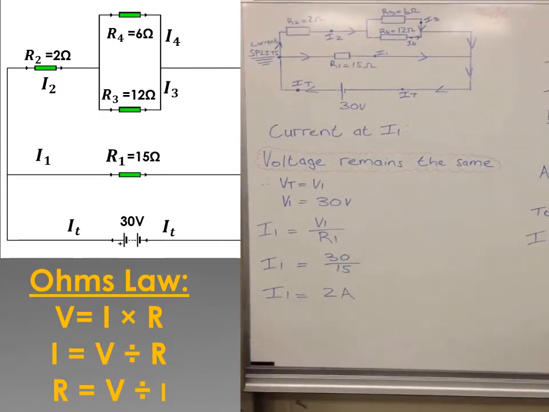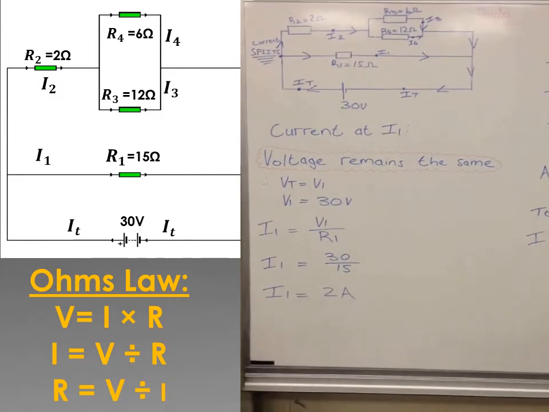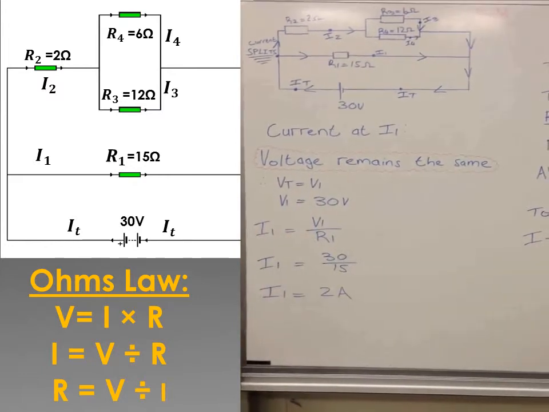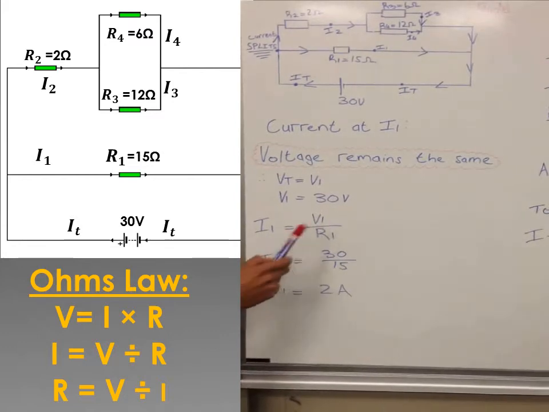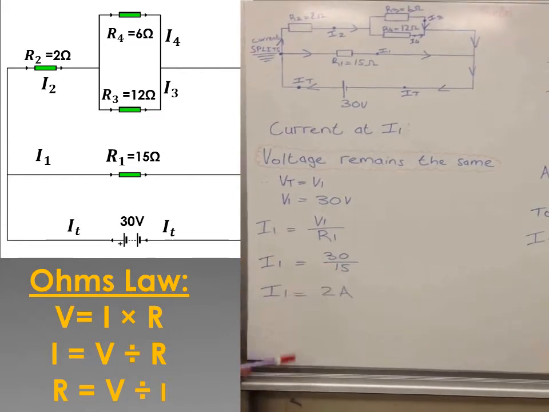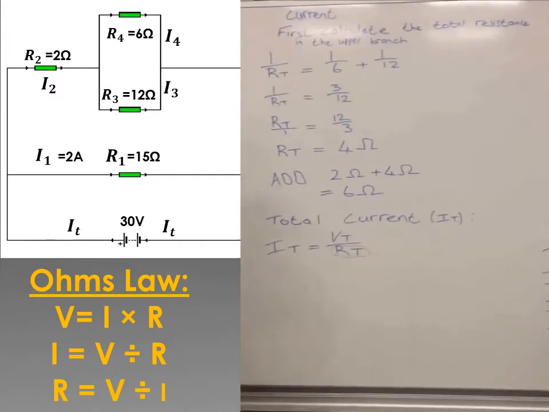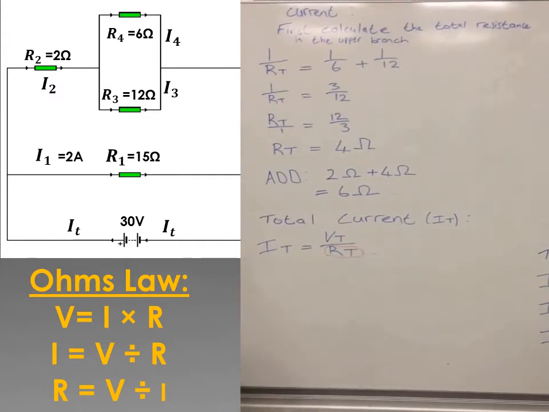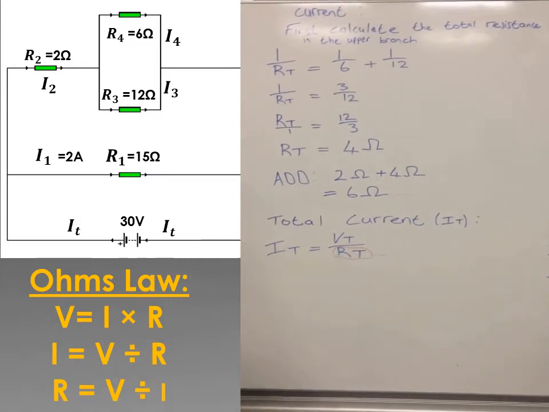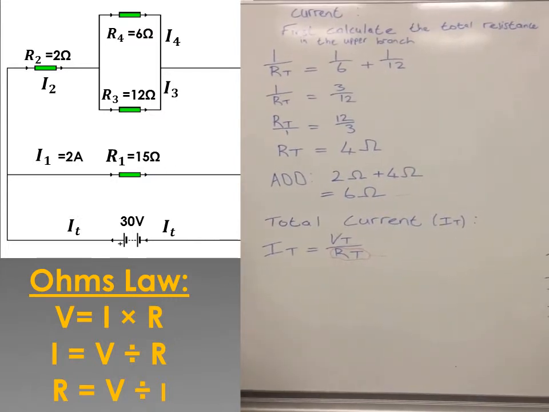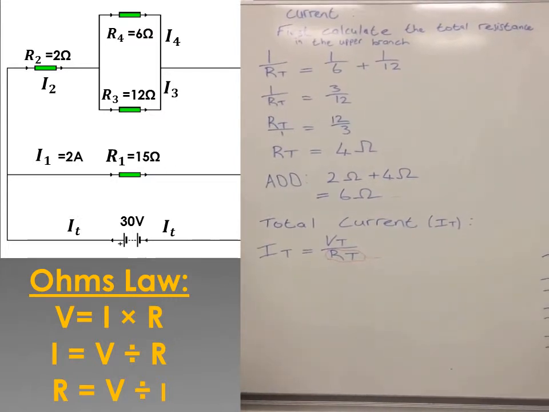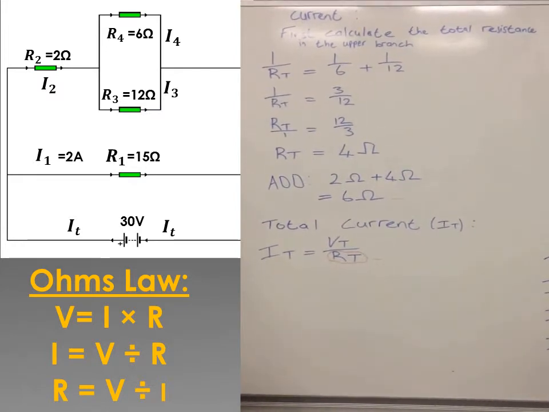To calculate the current, simply use Ohm's law. We know that voltage remains the same in parallel, so V1 equals 30 volts. Therefore, I1 is V1 over R1, which is 30 divided by 15, which gives us 2 amps. To calculate the total current, calculate the total resistance on the first branch. The 6 ohm resistor and 12 ohm resistor are in parallel, but both of them are connected in series with respect to the 2 ohm resistor.